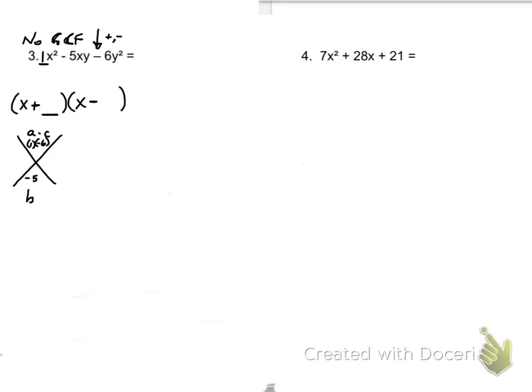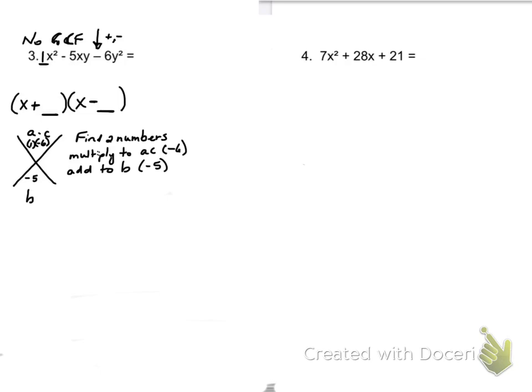You're going to find the number that goes here and the number that goes here. So you're looking for 2 numbers, and I'm writing this out and taking a little time. Those 2 numbers have to multiply to be a times c, which in our case again is -6. And they have to add to be b, which in this example is -5.